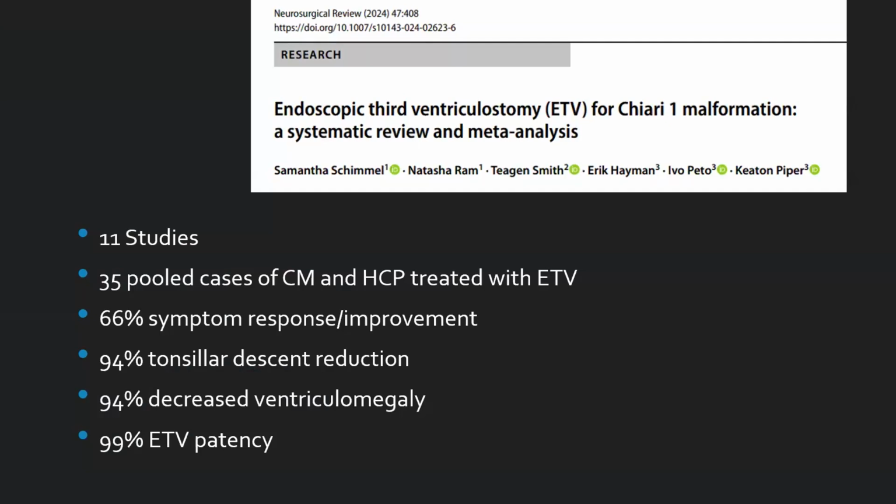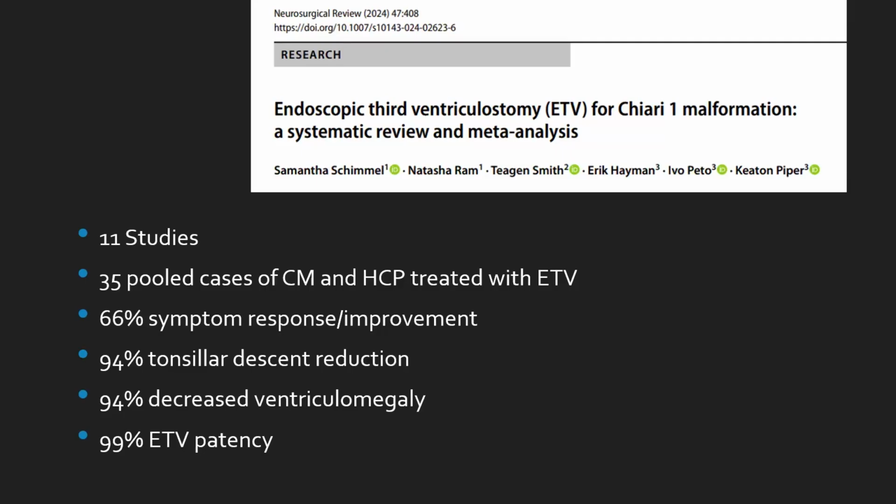So looking at this in more detail, there was a systematic review that came out last year that essentially did a pooled analysis of 35 cases of Chiari malformation and hydrocephalus treated with ETV. And they did find about a 66% symptom response and improvement. And then radiographically, there was definitely tonsillar descent reduction, decreased ventriculomegaly, and almost all patients had open ETV.